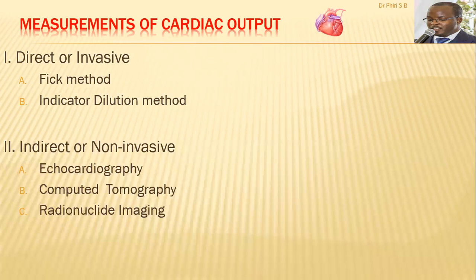In most cases, the non-invasive are the ones that are used to estimate cardiac output. The invasive ones are more accurate as compared to the non-invasive ones, but you're dealing with a patient, so you wouldn't want to use an invasive method because it requires you to introduce transducers, to introduce terminals within the cardiovascular system.